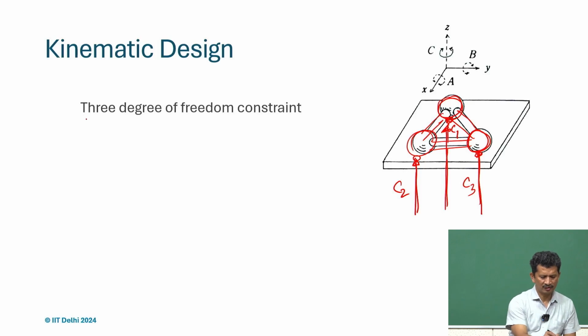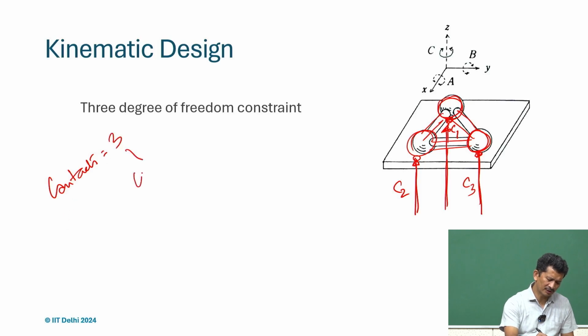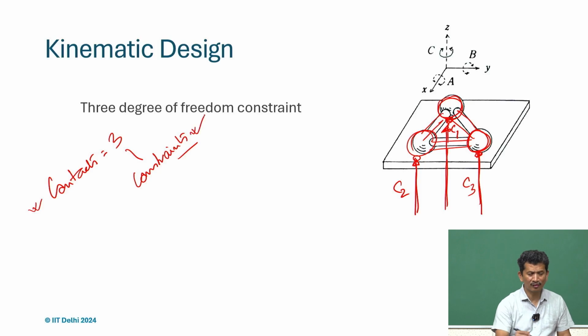And so 3 contacts. So, in general 3 contacts mean we can also say 3 constraints. Why we are saying in general is because we are not talking about the over constraint design yet.